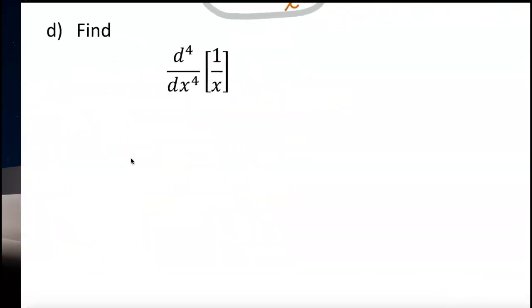Okay, let's do the last one. They're asking us to find the fourth derivative. Hopefully we don't have to go with chain rule, product rule like the last one, but this one is going to be a little bit simpler. So what are we doing here? We're finding the derivative of 1 over x.